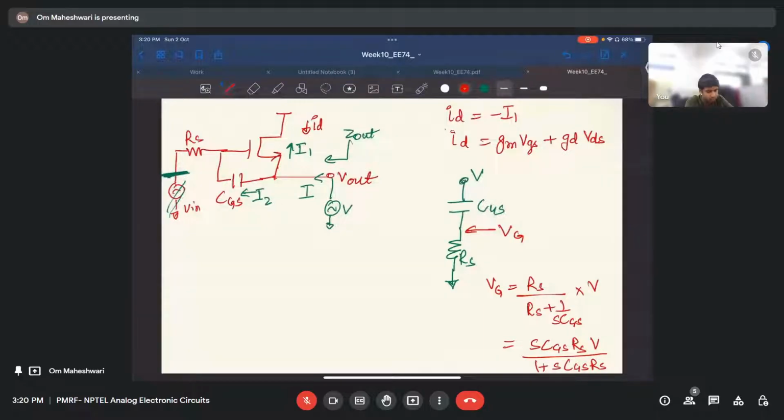So we know VG. Let me write ID equals minus I1 equals GM VGS plus GD VDS. Okay, let me see.